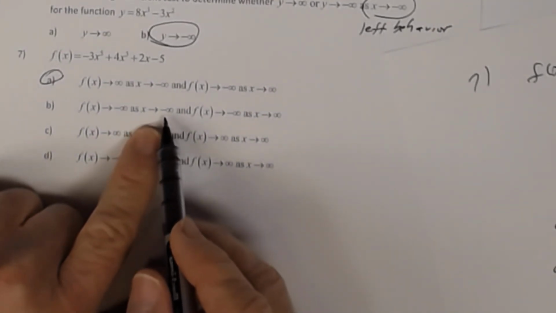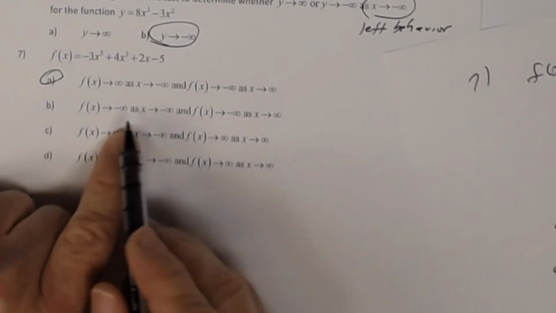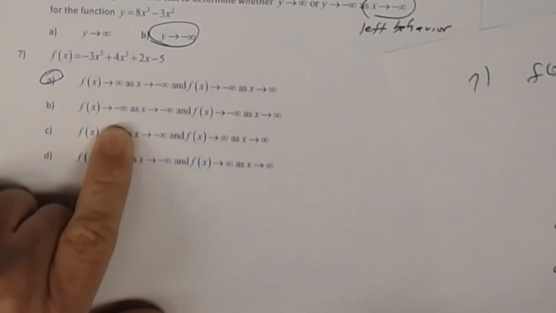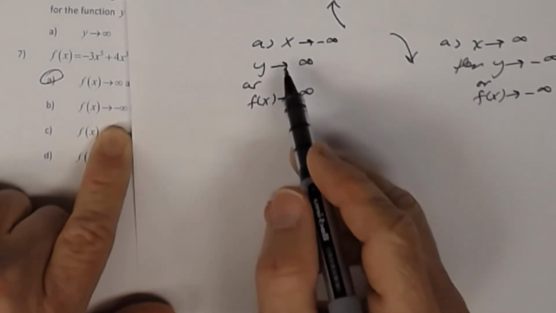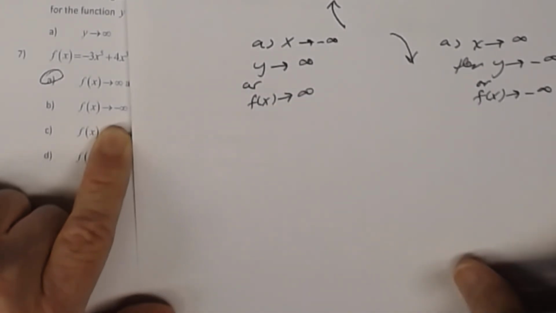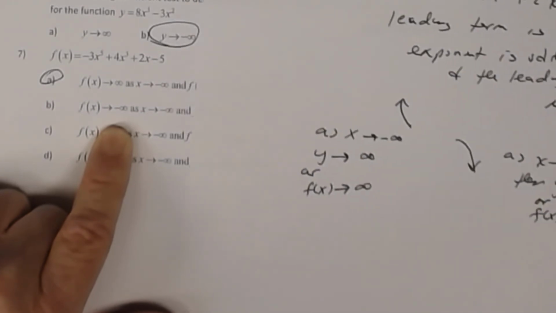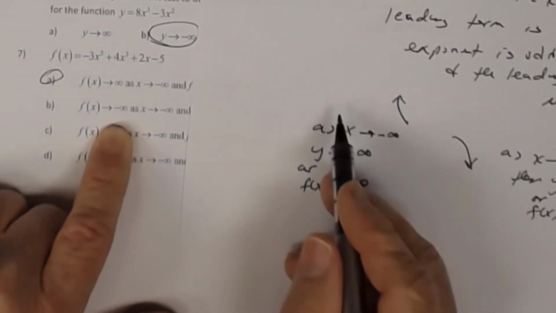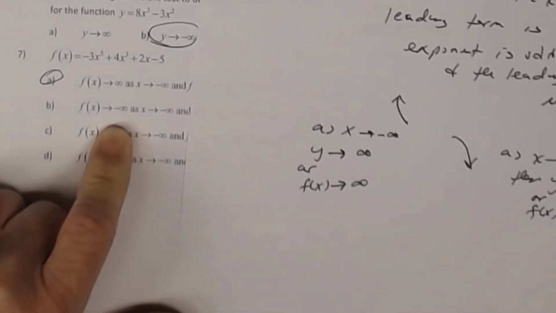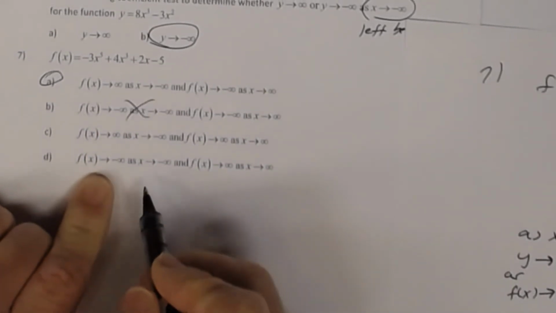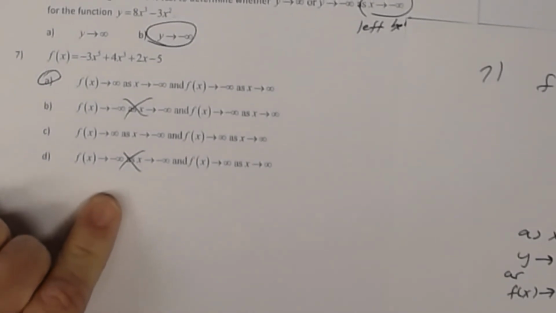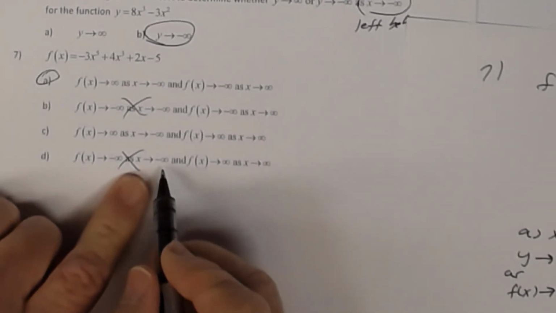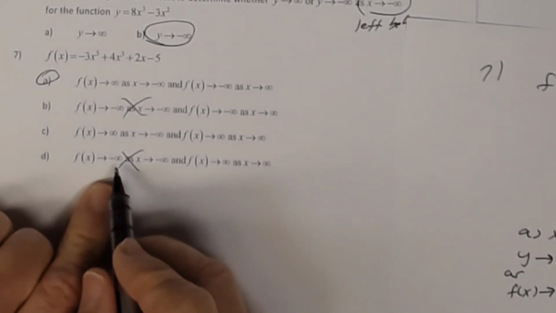Just check the others. Notice as x approaches negative infinity, this says y approaches negative infinity. We know that's not true, right? As x approaches negative infinity, y approaches infinity. So right away, remember the end behavior: as x approaches negative infinity, y gets larger. So right away you can delete this one, and you can also delete this one, because this says as x approaches negative infinity, y approaches negative infinity.